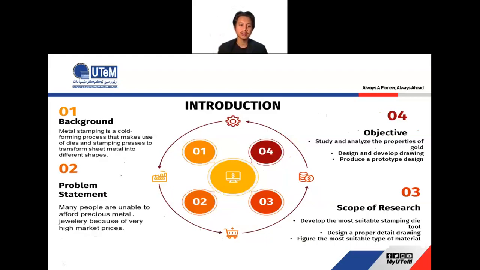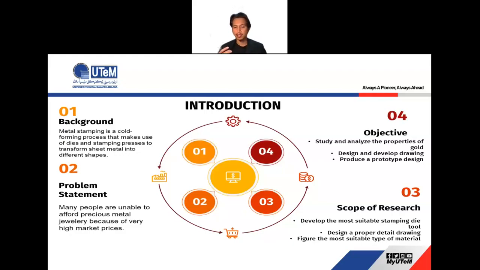The second one is about the problem statement. As we know, any gold manufacturer is facing this problem, which is to create the stamping die for the gold bracelet, which takes high market prices.